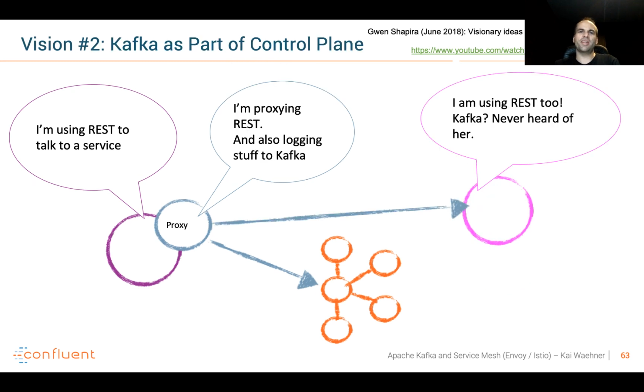Another vision is that you could use Kafka as part of the control plane. In this example, Kafka is deployed, right? And then on the left side you have a REST microservice. And then the proxy is still sending it directly to the other microservice, because that one is still a point-to-point connection, because the other service is also using HTTP and you need point-to-point here.